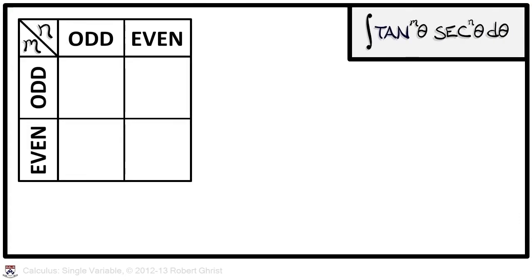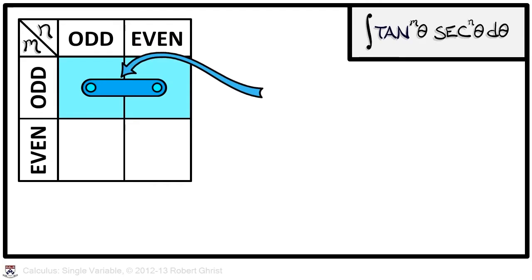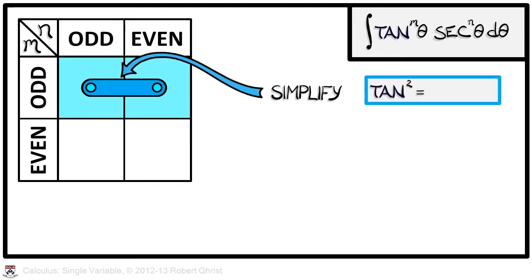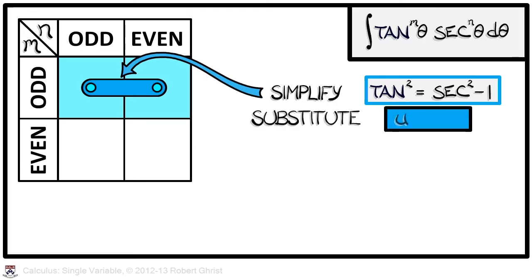Integrals involving powers of tangent and secant follow a similar pattern, depending on the parity of the powers. If one is in the setting where the power of tangent is odd, then perform the simplification, expanding out every tangent squared as secant squared minus 1. Then substitute in u equals secant.